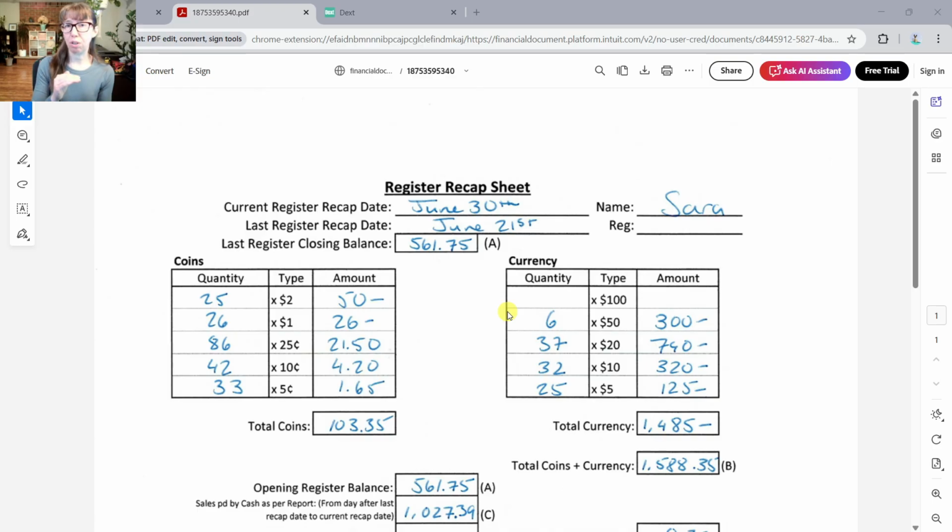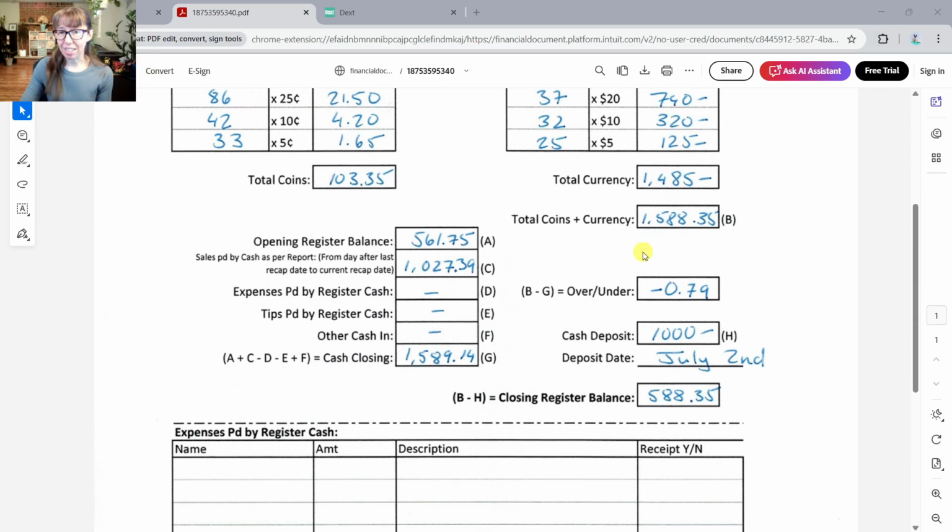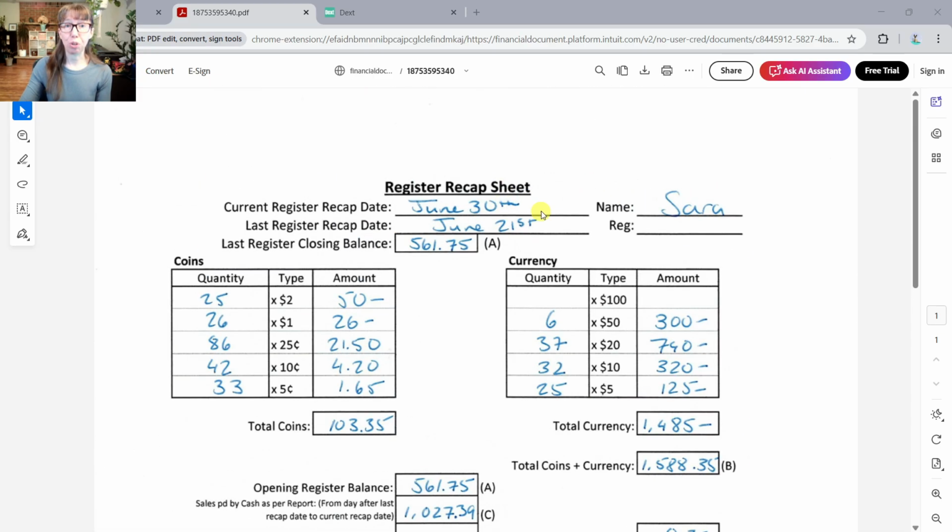So whether she's doing her register recap daily or weekly, I did request that she do one on June 30th, on the last day of every month, so that we can reconcile the register cash account on the bookkeeping at the end of every single month. So what we have here is, as of June 30th, we have $1,588.35 in cash in the register as of June 30th.